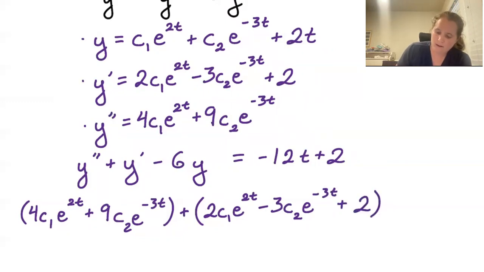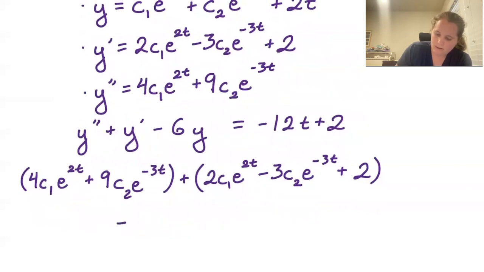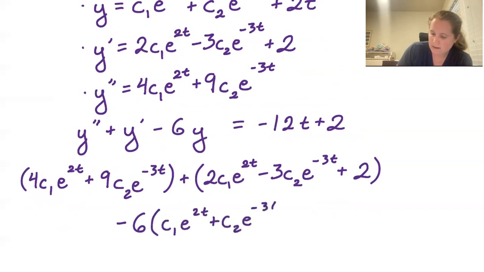From there, we subtract off 6 copies of y, so c1 e to the 2t plus c2 e to the negative 3t plus 2t. And we are wondering if this is equal to negative 12t plus 2.